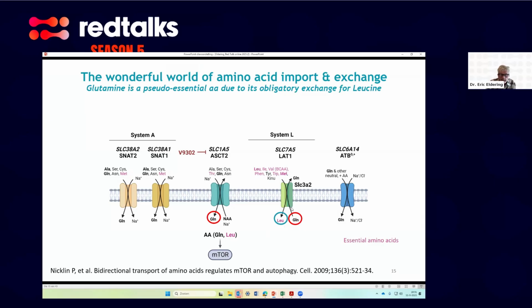inside the cell, it can be exported again. And this is a known phenomenon because glutamine is used as an exchange factor to import leucine.